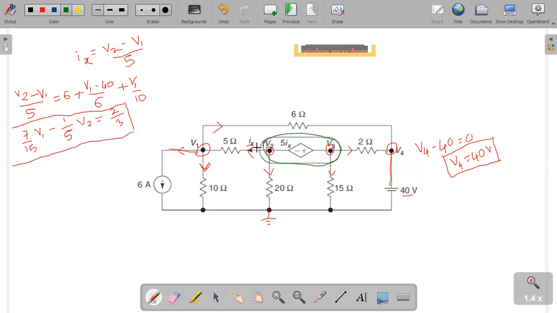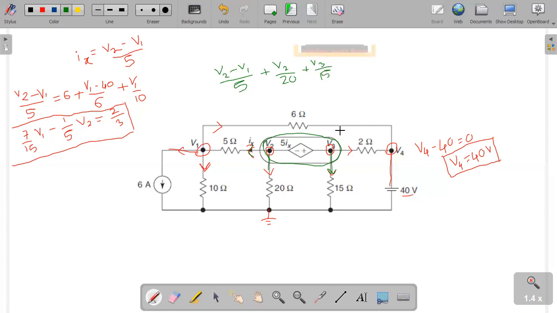So considering this first outgoing current, which is Ix, we can write it as (V2 minus V1) by phi. The second outgoing current is this through the 20 ohm. We can write it as simply V2 by 20. Now coming to the third outgoing current through this super node through the 15 ohm resistor, we can get the value as V3 by 15.